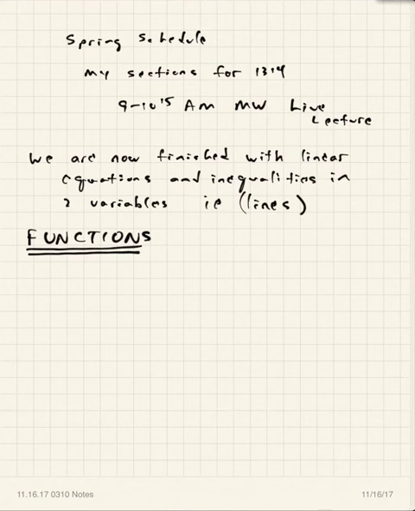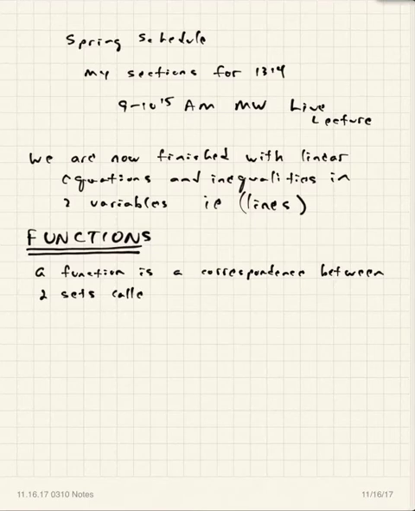Okay, so I'm going to jump right into this, and I'm going to write down the definition right away. So a function is a correspondence between 2 sets called the domain and range.